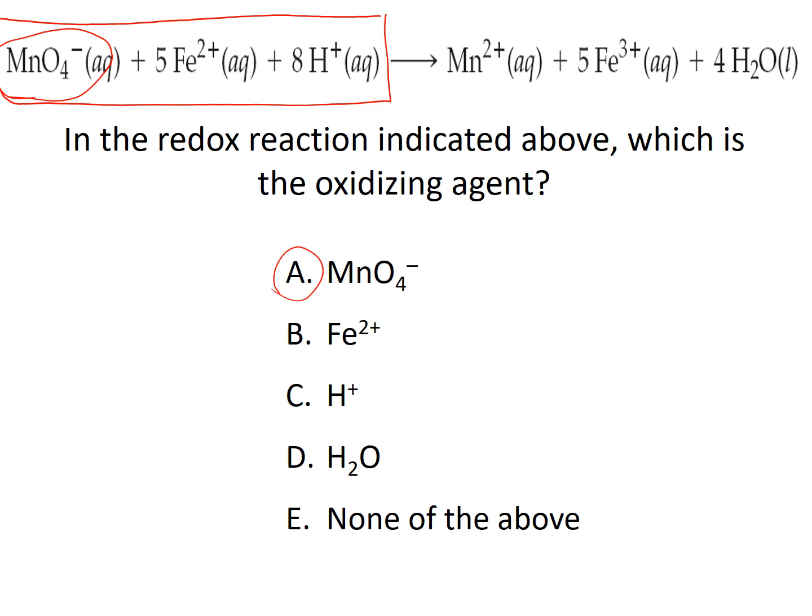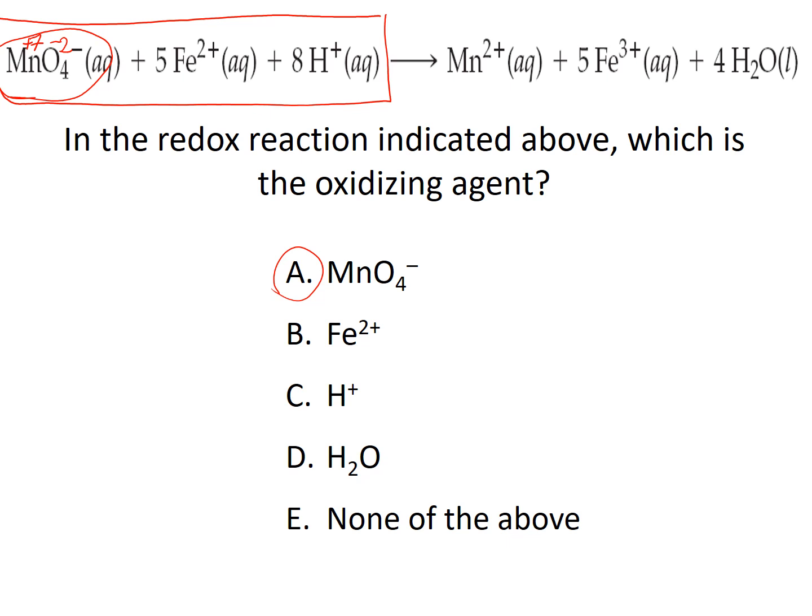Now, going through the rigorous process, I can do that. In the case of the potassium permanganate, I can check the oxidation number of both ingredients. Oxygen has a -2 oxidation number, and if I were to calculate the oxidation number of manganese, it would be +7.